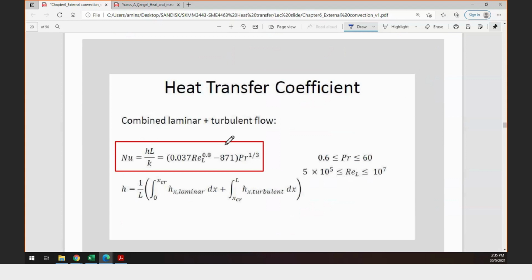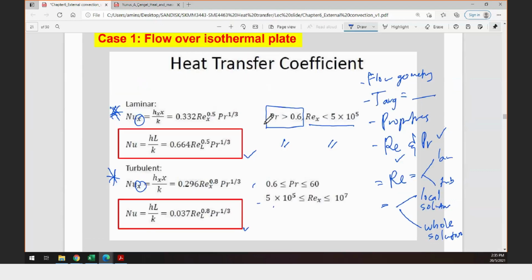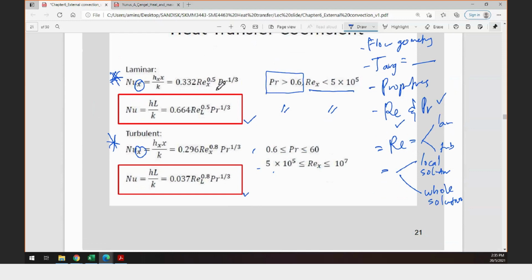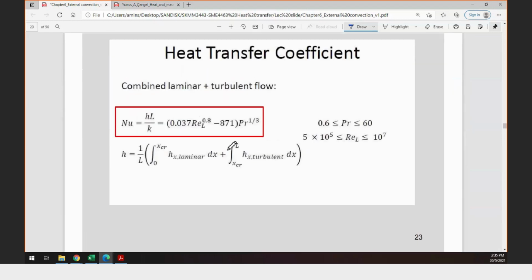So in the case of laminar, if you look at the previous slide, you got a laminar and you got a turbulent, and you got another equation for the laminar and turbulent. What do you think the difference is between this equation and the case of the turbulent?